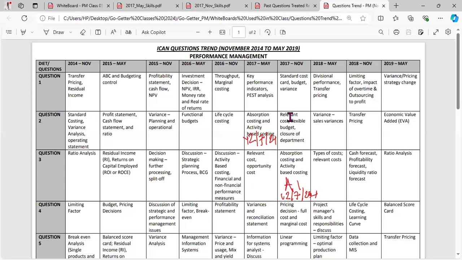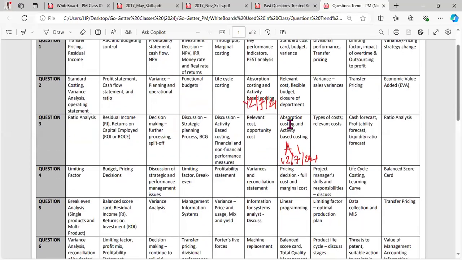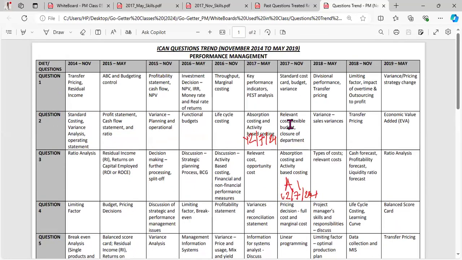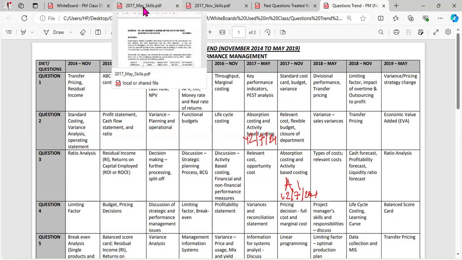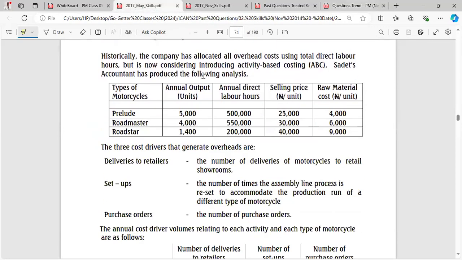I gave us an assignment in November 2017. I think the assignments were two. So let's look at the November 2017 question number 2. And we also have May 2017 question number 3. So which one are we going to take first?